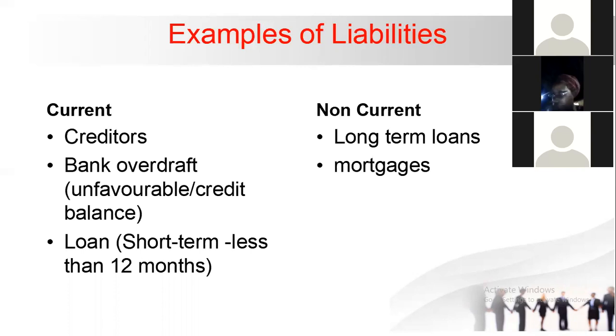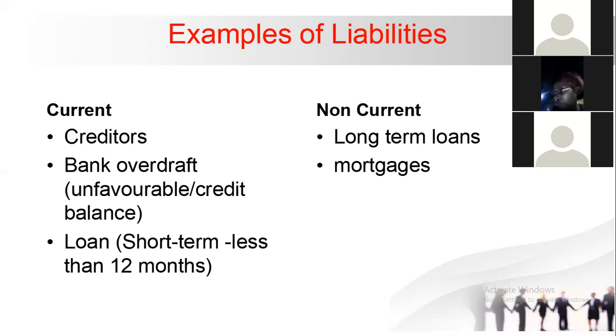Suppose we do not have enough money to purchase the goods, and we ask our suppliers to please lend us some goods, give us so many liters of cooking oil, and we'll pay after a particular period. Those people or that event create creditors. So creditors are simply people whom we owe money because they've given us goods on credit terms.